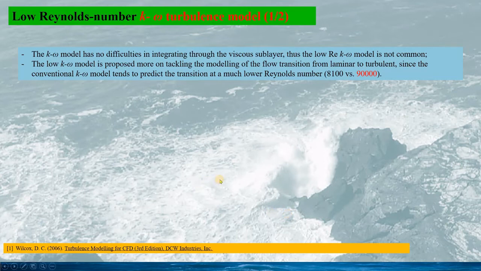However, the low Reynolds K-omega model has been proposed, but it is more on tackling the modeling of the flow transition from laminar to turbulent, since the conventional K-omega model tends to predict the transition at a much lower Reynolds number, which is 8,100, compared to the real Reynolds number, 90,000.